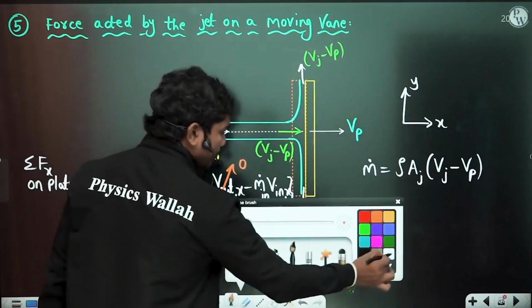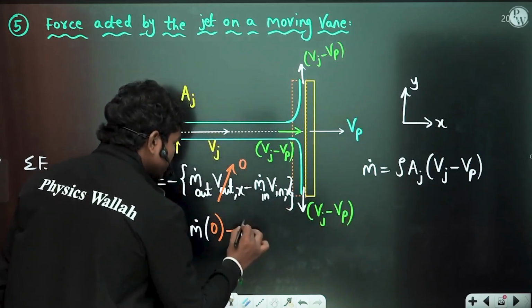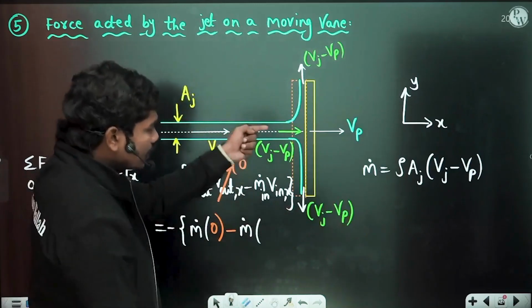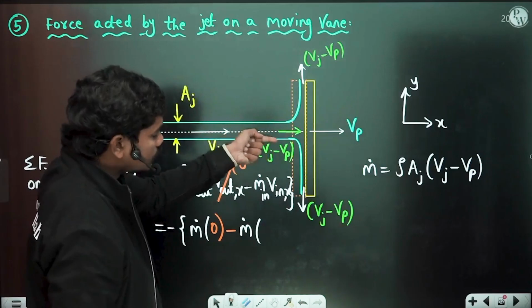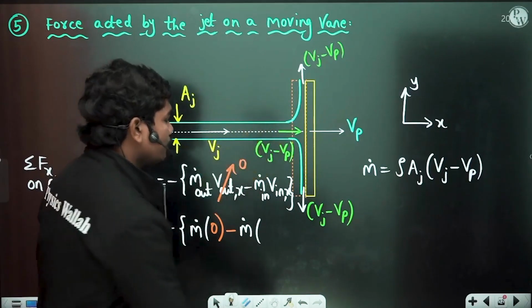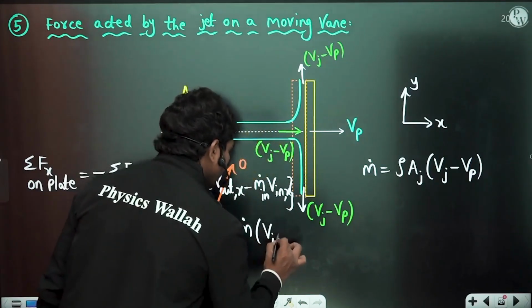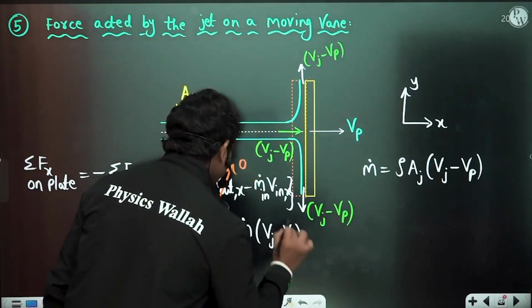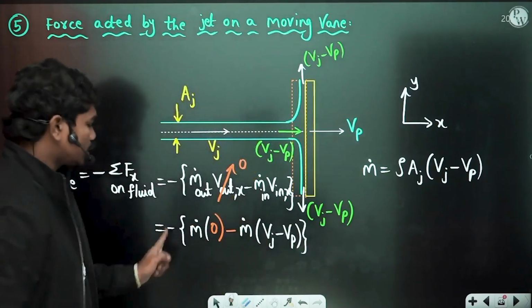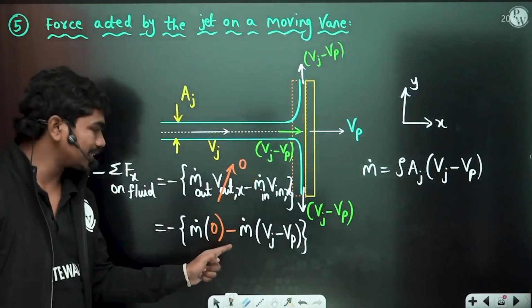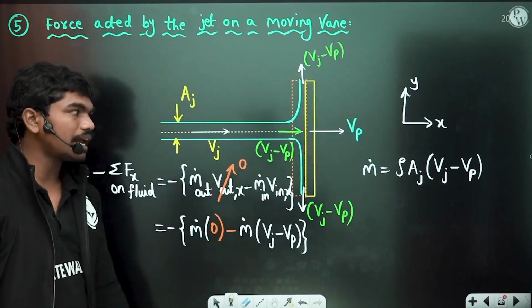Minus m dot in, which is m dot times the inlet velocity in the x direction. The velocity with which it is entering the control volume is Vj minus Vp. So minus of this minus gives you a plus sign, and m dot is rho Aj times Vj minus Vp.